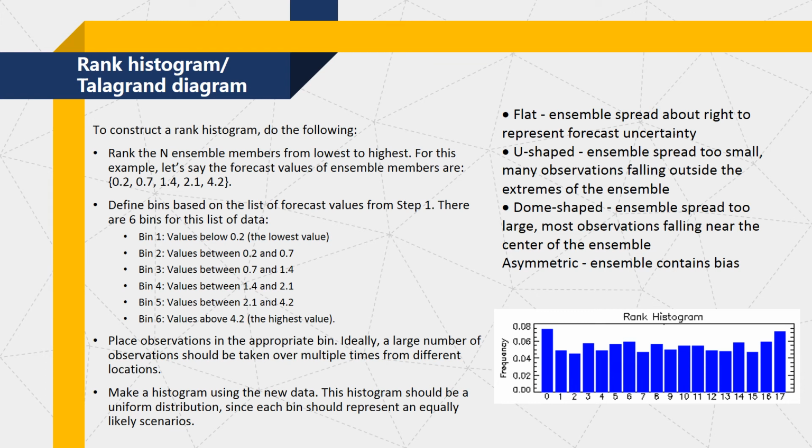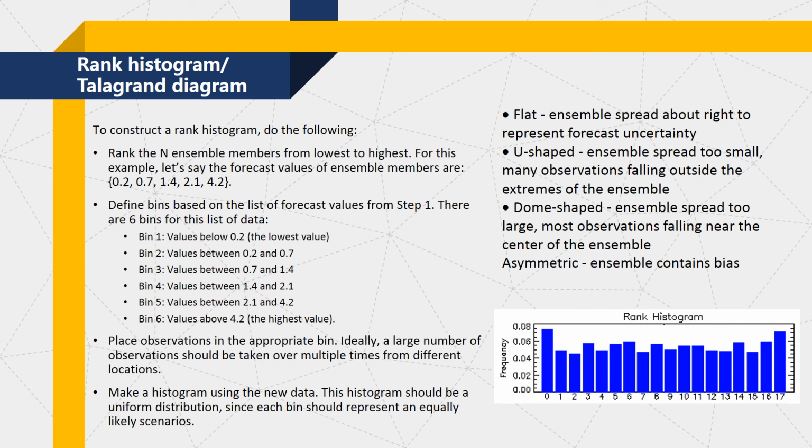This histogram should be a uniform distribution, since each bin should represent an equally likely scenario. A flat shape of this histogram indicates the ensemble spread is about right to represent the forecast uncertainty. A U-shape indicates the ensemble spread is too small, with many observations falling outside the extremes of the ensemble.